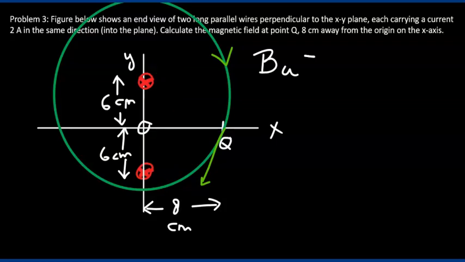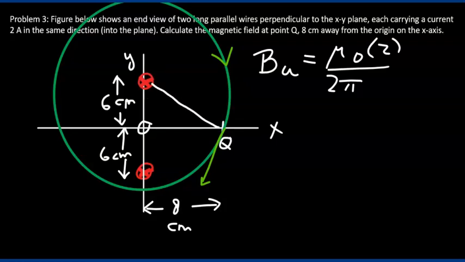The magnitude of this magnetic field is given by mu naught times the current, 2 ampere, over 2 pi, and the distance from here to there, according to Pythagoras' theorem, is 10 centimeters or 0.1 meter, because this is 6. This distance is 8 cm, so this has got to be 10 cm or 0.1 meter.